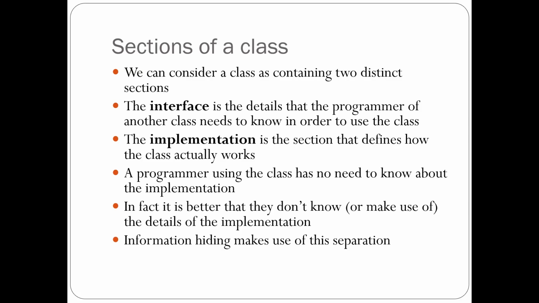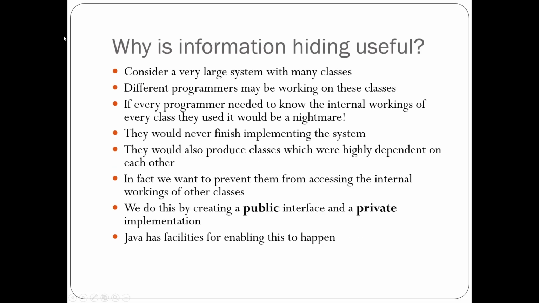In fact, it's probably better we don't let them access the implementation, because technically that would let them make changes, which is sometimes what we don't want. And the way that we do it is through this system called information hiding. It's based on the notion that if you are going to build a very large system with lots of classes in it, you're probably working in a development team.